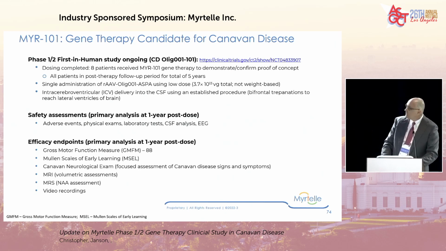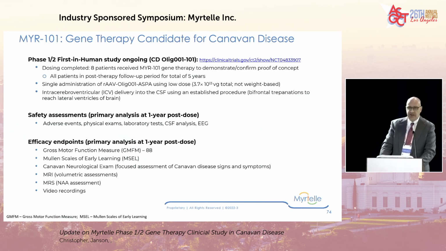So for this first-in-human study with AAV-olig, we enrolled 8 patients who were treated with a fixed dose of 3.7 times 10 to the 13th vector genomes. We performed direct neurosurgical delivery to the cerebral ventricles and surrounding white matter using either 2 or 4 delivery catheters introduced through burr holes.